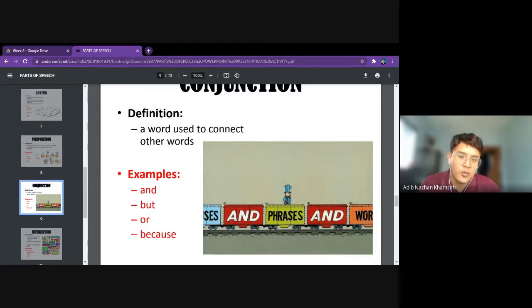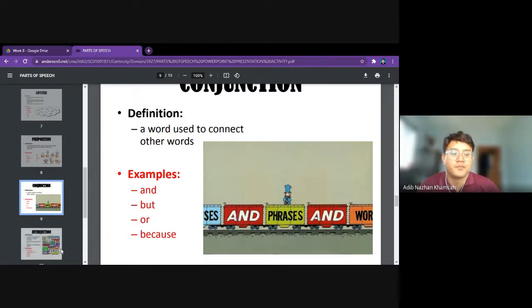So kita menghubungkan ayat itu dengan menggunakan perkataan kata hubung. Dan in English we use and. Ali and Abu go to market. So it's used to connect two other words or other sentence. But, tetapi, or, atau, because, sebab.